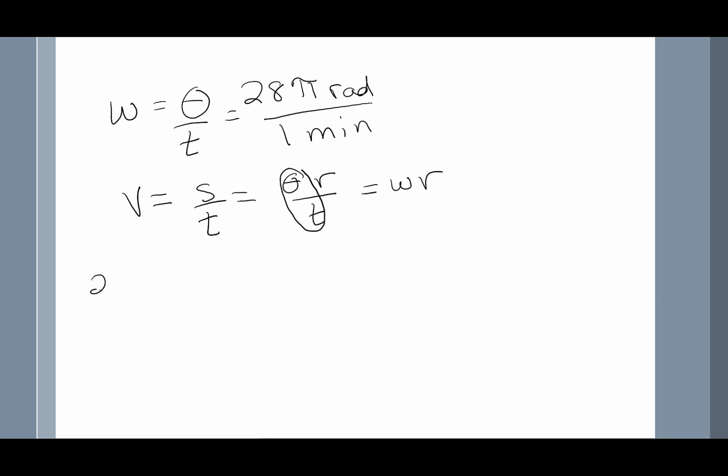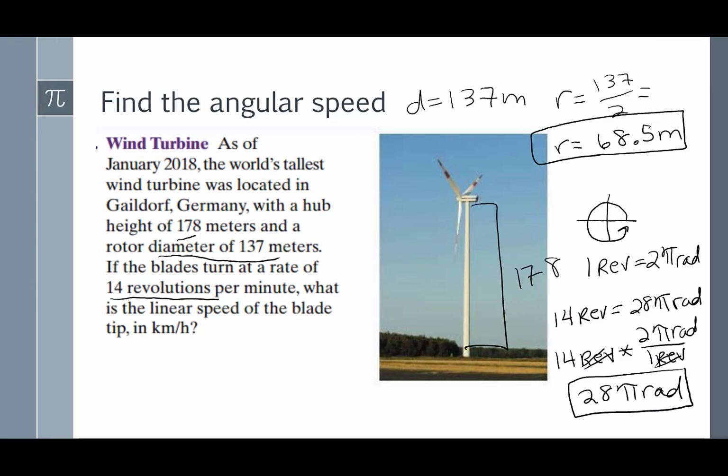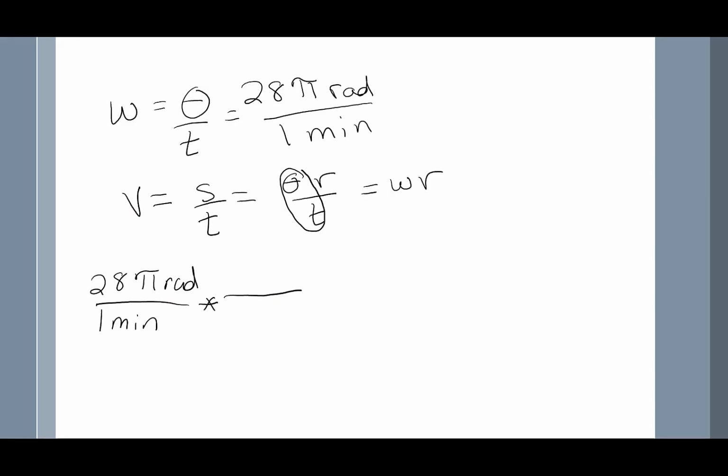We found it was 28 pi radians per minute. I'm going to write 1 minute again. And then our radius, so if you go back and look, our radius was 68.5 and it was in meters. So this is 68.5 meters. I don't know why I have that line there, so I'm just going to put a 1 under it because I put it. All right, so we're kind of going in the right direction.